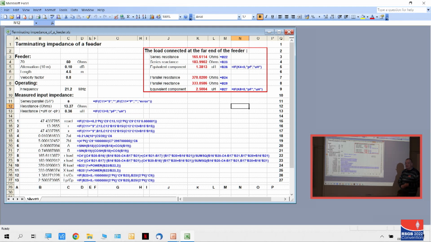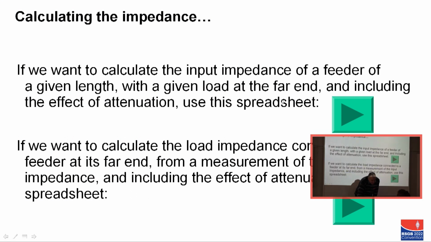Then this will tell me what the impedance of my antenna is. So my antenna has actually got 165 ohms and 183 or 184 ohms. So that's a useful tool if you want to do it formally. Most of us don't. We suck it and see.